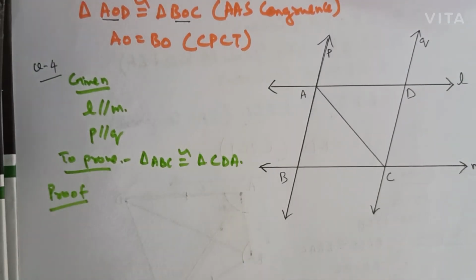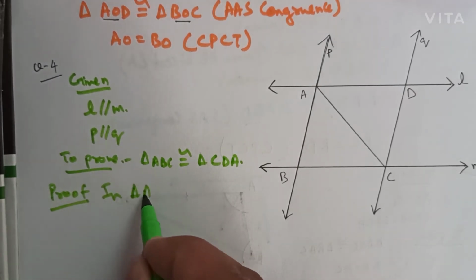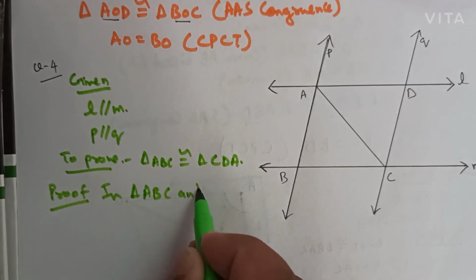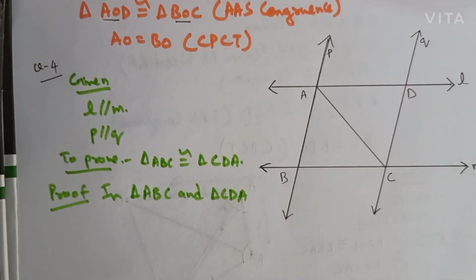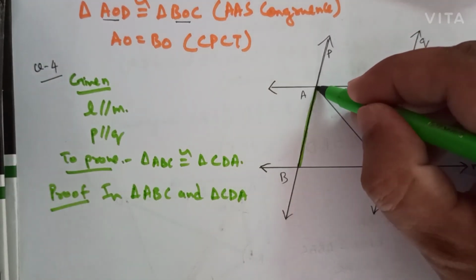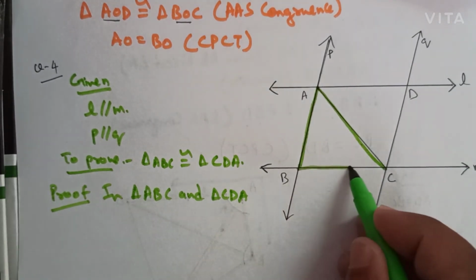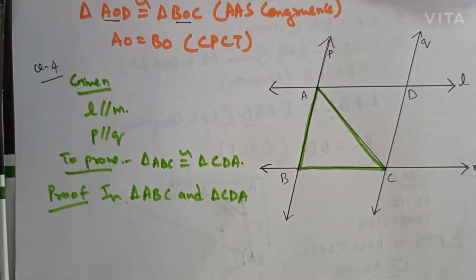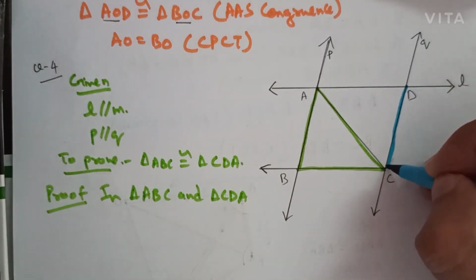First of all, we will take the triangles, triangle ABC and triangle CDA.